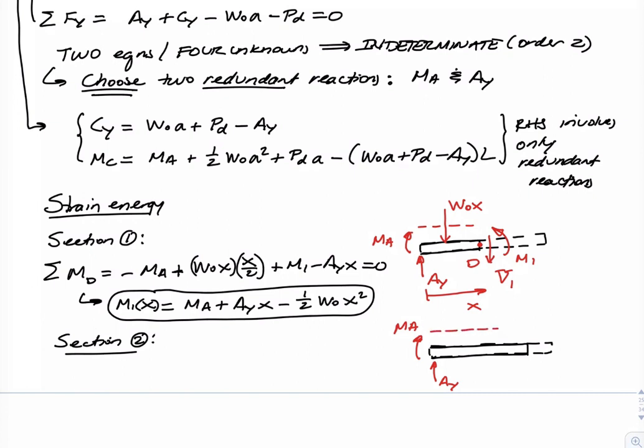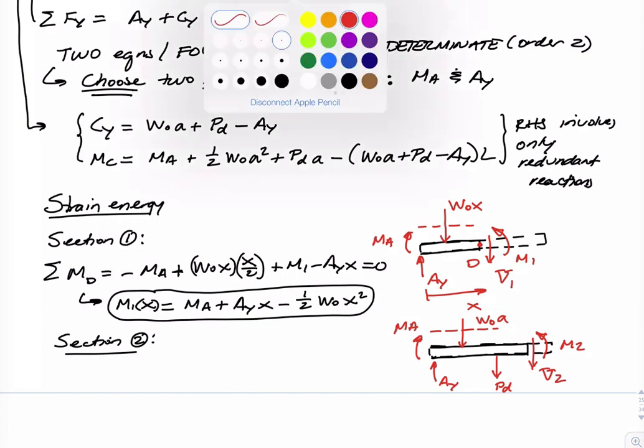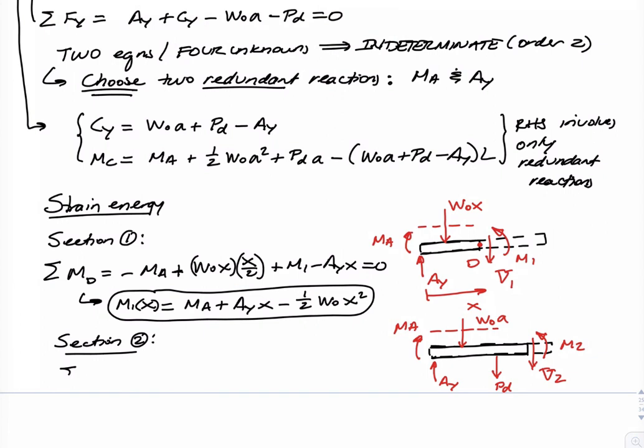I've got the applied load resultant W naught A. I've got PD. I've got the M2. I've got shear force V2. And so from this FBD, I can do a summation of moments about, let me call that point where I made the cut H. I'm going to have minus MA.